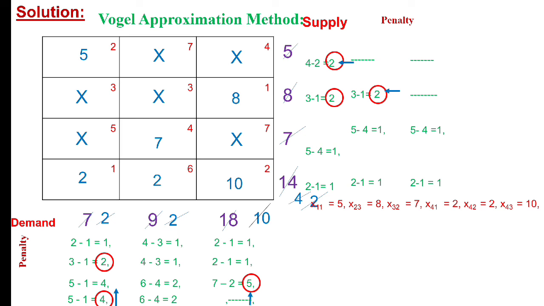Third row, second column is 7. Fourth row, first column is 2. Fourth row, second column is 2. Fourth row, third column equal to 10.